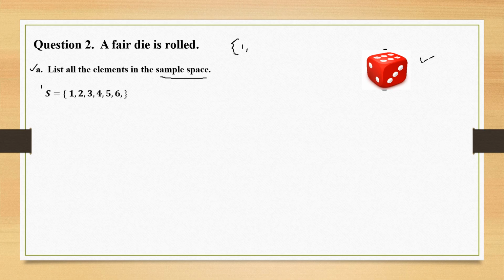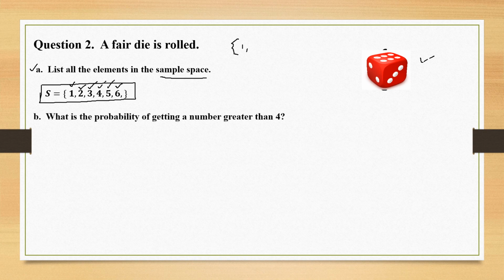So here I wrote down all the possible outcomes. When we roll a die, it's possible that 1 will come, 2 will come, 3 will come, 4, 5, or 6 will come. When we write down all the possible outcomes, we call it the sample space.